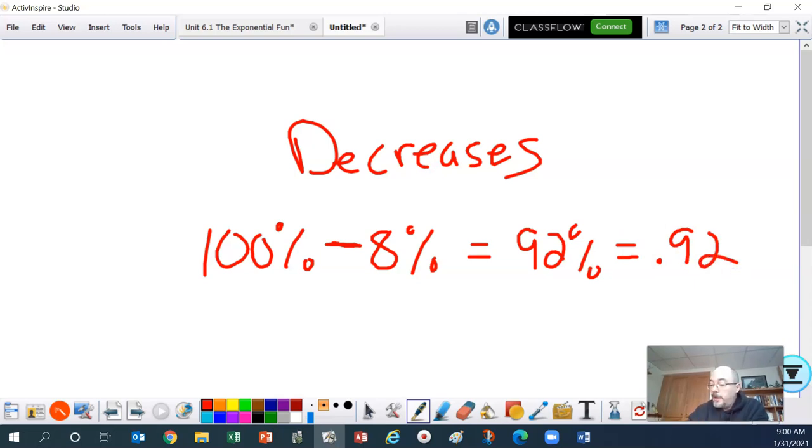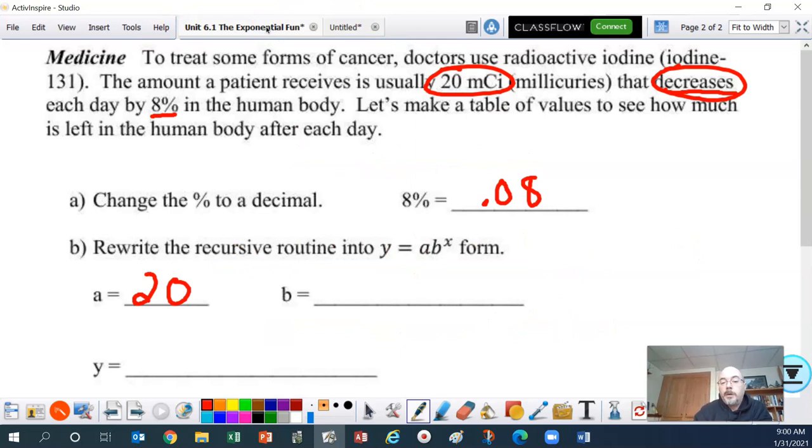Remember, the decimal for 100% is 1, minus the decimal for 8%, which is 0.08. So technically 1 minus 0.08 is 0.92. So you understand where this is coming from.